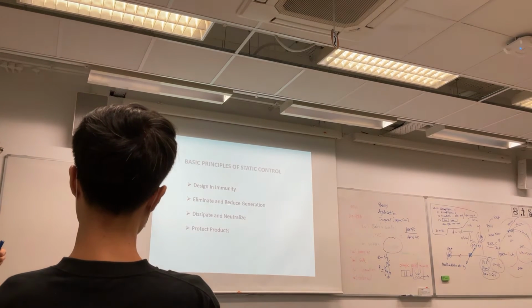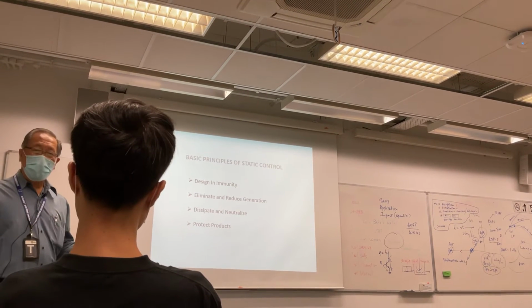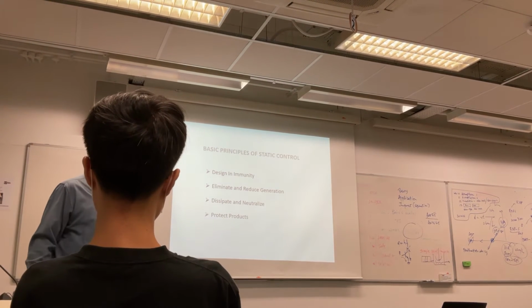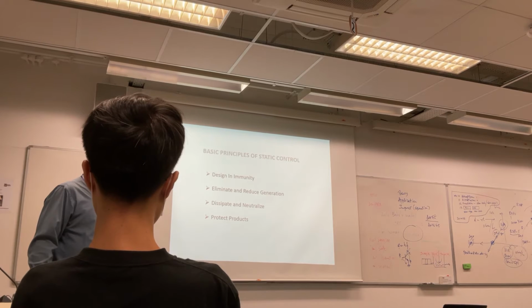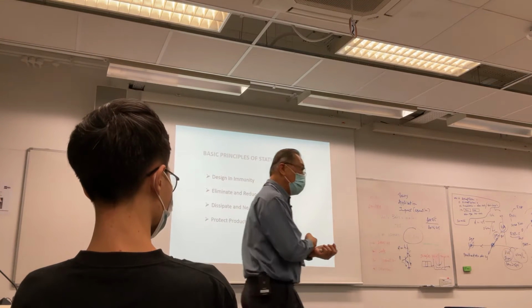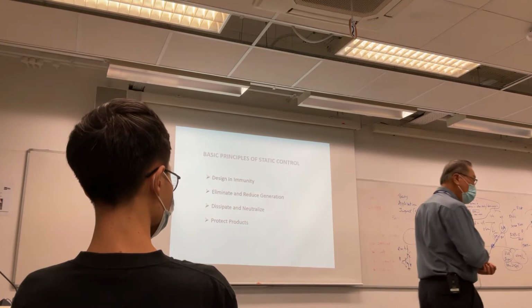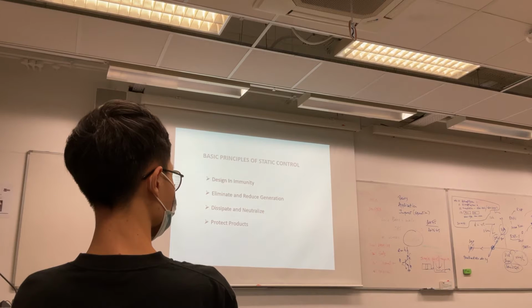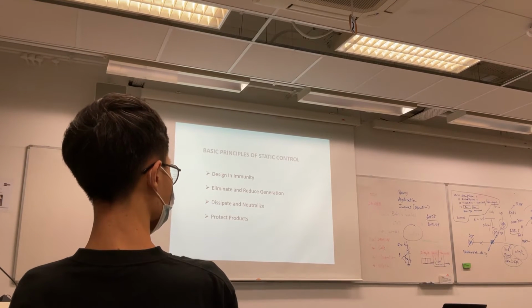Eliminate and reduce generation. What is the mechanism to do this? Does your wrist strap do that? No, the wrist strap does not eliminate generation. The wrist strap is to ground it after it has been generated.